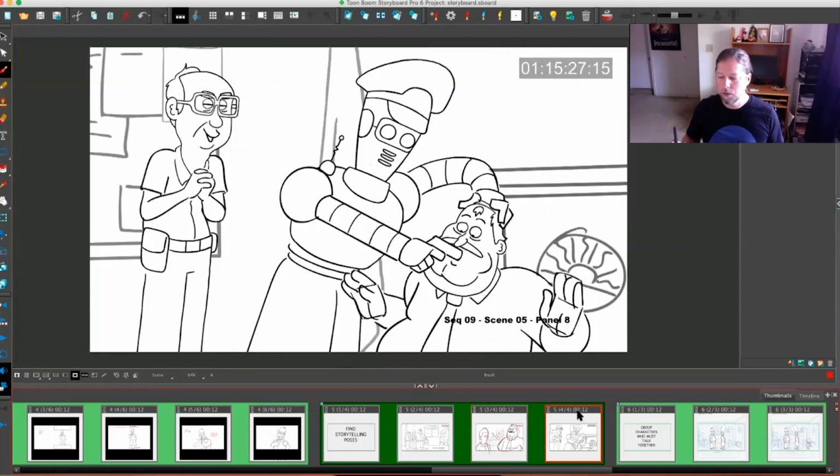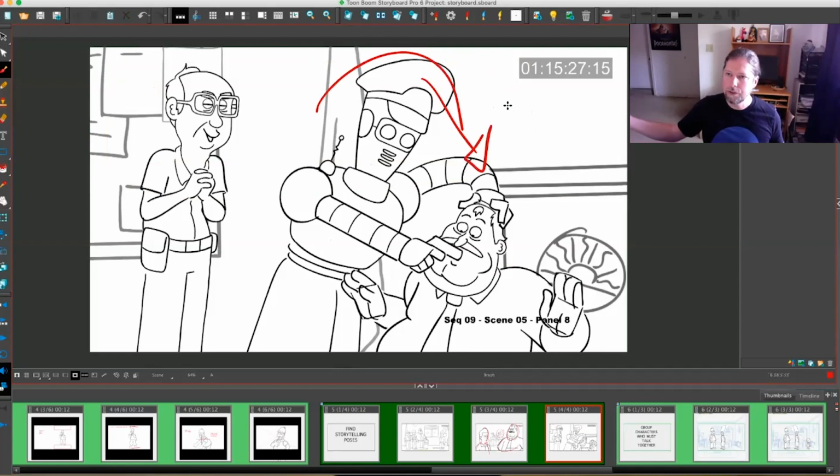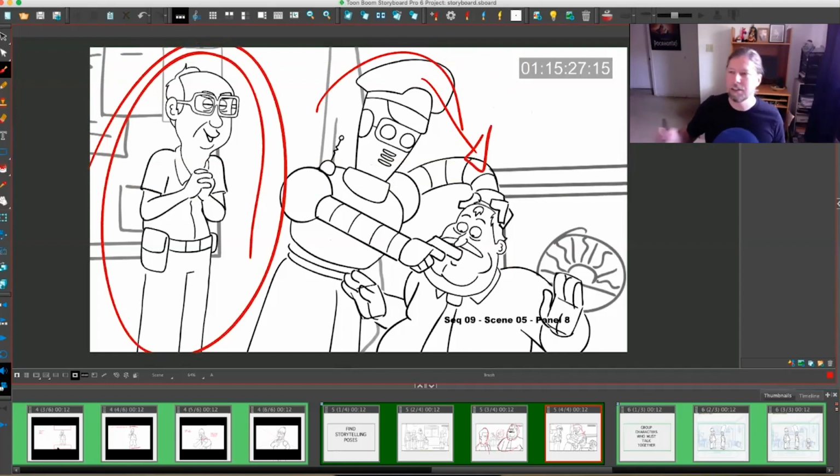Here's yet another one where the police got a robot cop, and this character over here found a switch that switched him from good cop to bad cop, and he's delighted that, by switching the robot to bad cop, he is now taking on doing this horrible thing to the chief. So again, to summarize everything that's happening in the script, we find a single pose that shows the robot, who is now a bad cop, doing this to the chief, and that this character is delighted in seeing it.